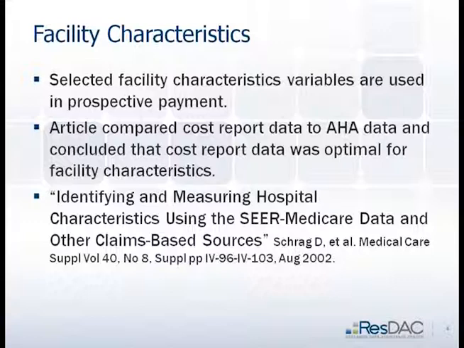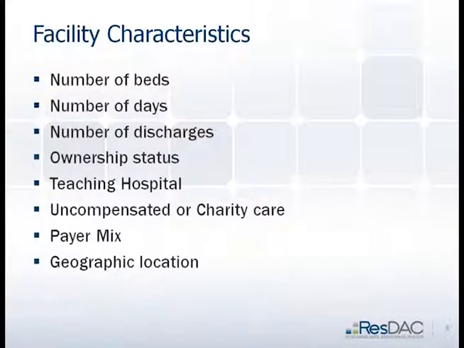The article did conclude that the cost report data was optimal for facility characteristics. I'd have to look back at the article specifically, but I believe the main point was that the annual submission of the cost report may have been more accurate. We'll have to look at the article itself.